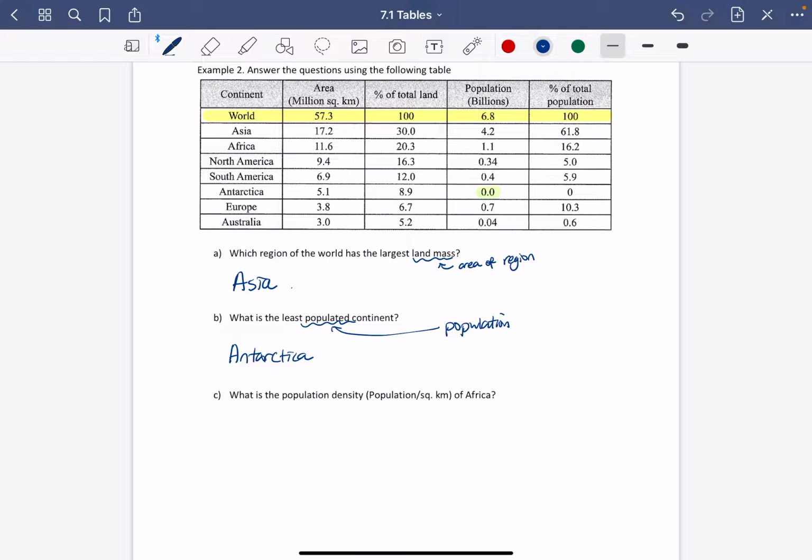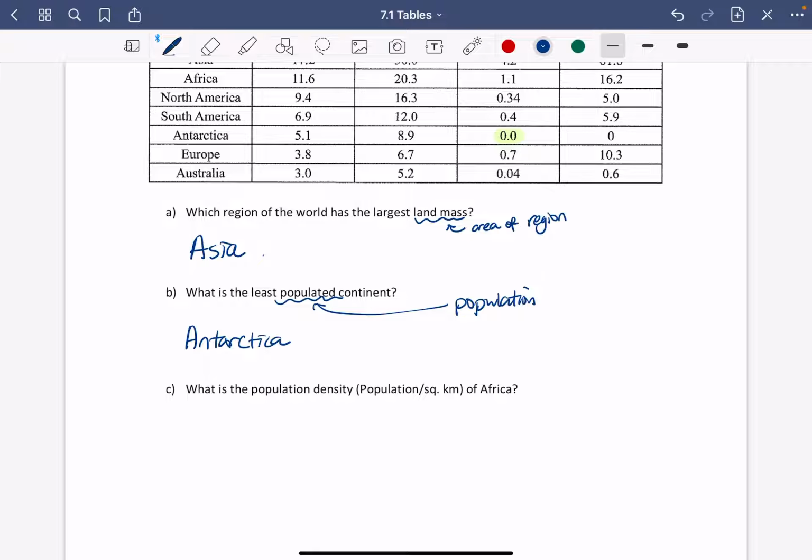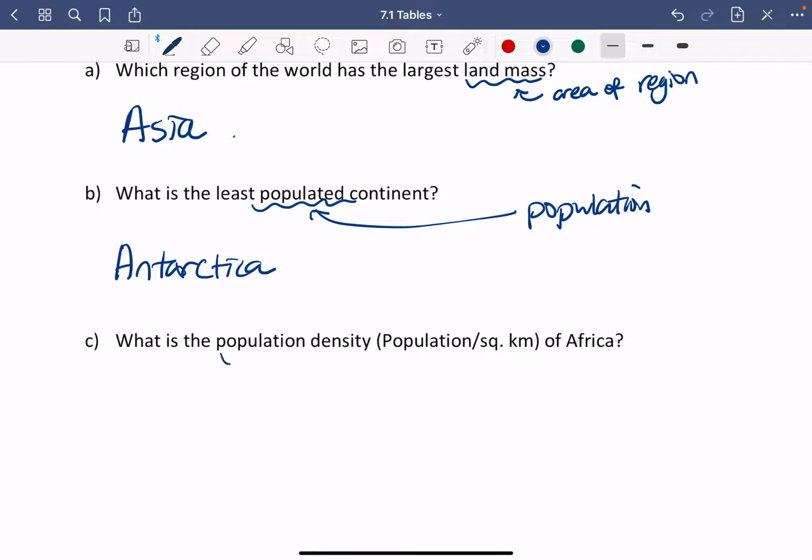Now the third question is, what is the population density of Africa? Well, what is population density? How is it calculated? Well, it's actually written here. Population density is equal to population divided by square kilometers.